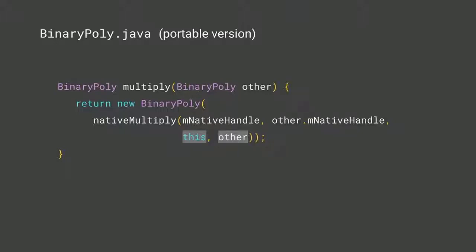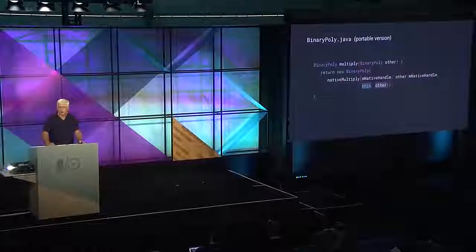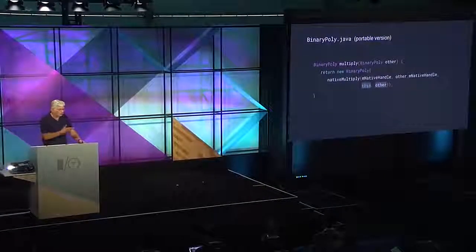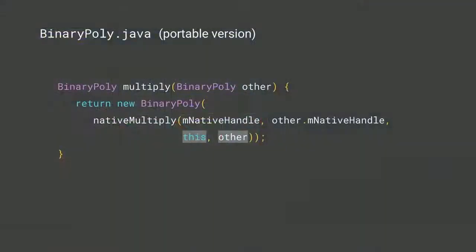So I have a native multiply that takes the two jobjects as well, and current implementations, though the spec doesn't 100% guarantee that, essentially guarantee that this turns into a local ref, which tells the garbage collector to keep these around as long as the native method is running, so things will actually work out correctly at the expense of passing additional parameters through JNI. Again, this is recommended if you have to write portable code. For Android, I currently wouldn't recommend doing that. Eventually, sometime in the future, I think we will probably have a better solution to this.